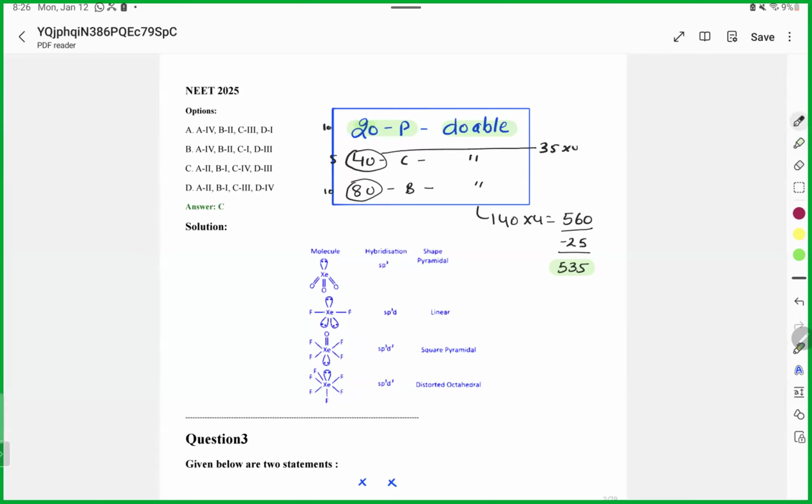35 multiplied by 4. So 100 questions will be 400. And here 35, 35, it will be 70, 140. Then 540 was achievable.